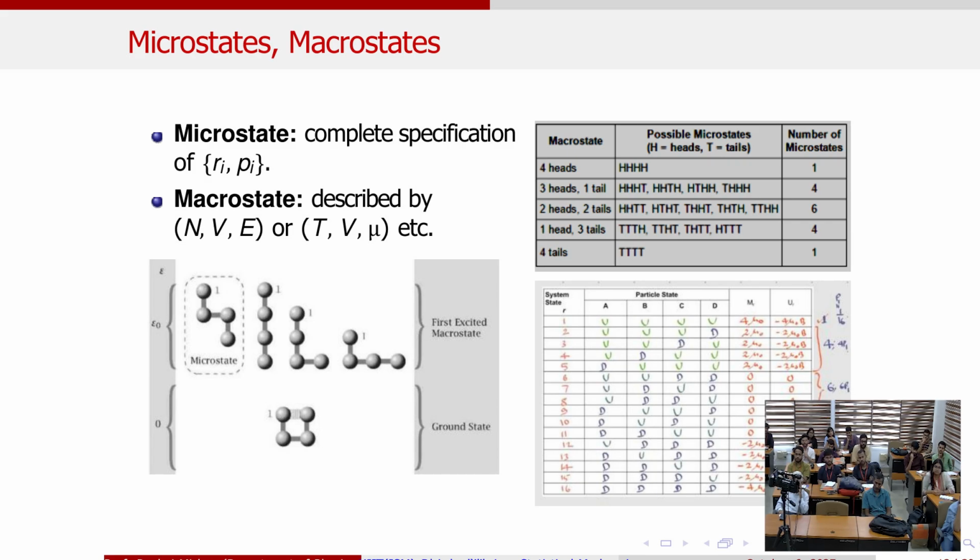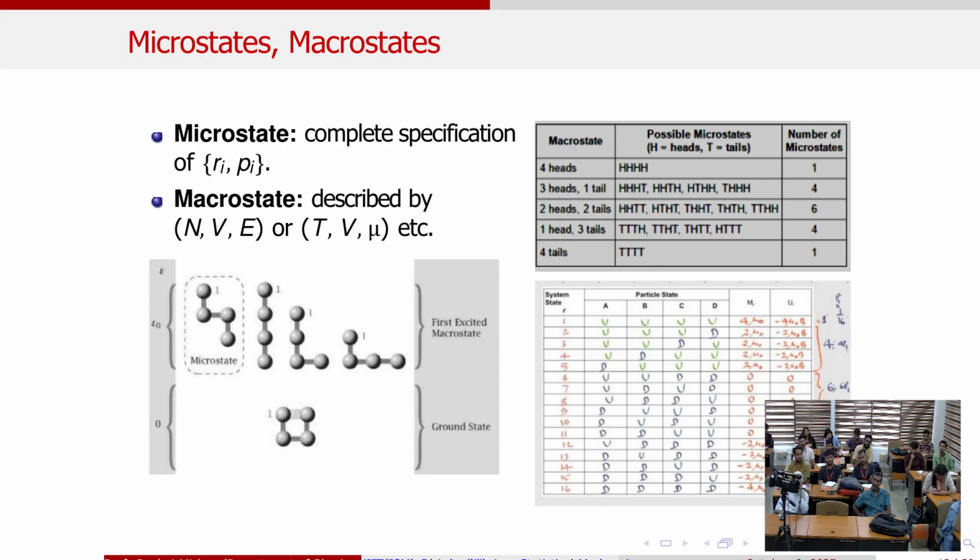Maximum number of microstates means that in that particular configuration, the system spends most of its time. That's why we try to understand how statistical mechanics develops, and how we calculate the properties. Okay, so let's move on.